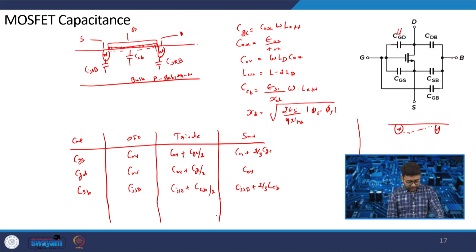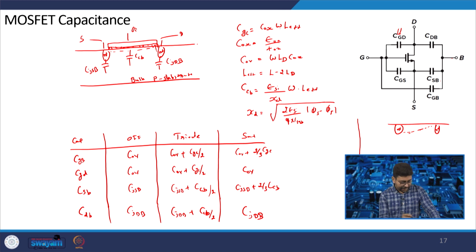Another capacitance is drain to bulk, which is CJDB, plus in the triode region the same CCB by 2, and in saturation in the drain there is the same CJDB.